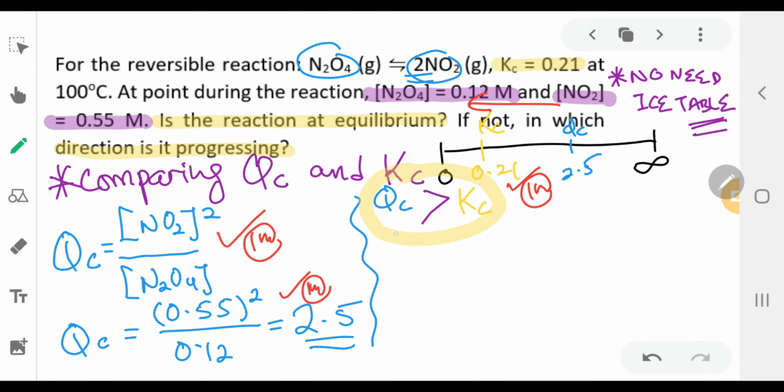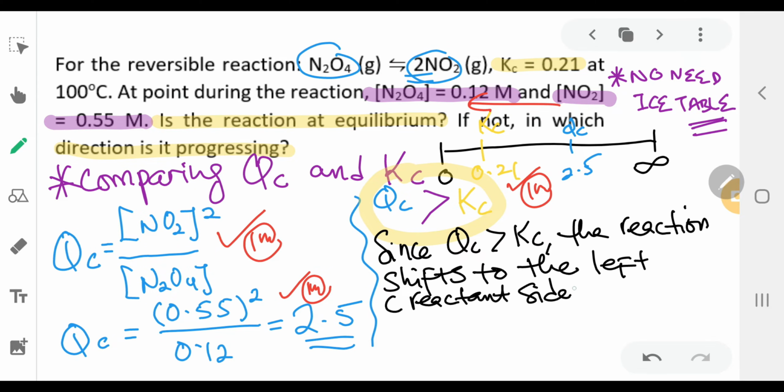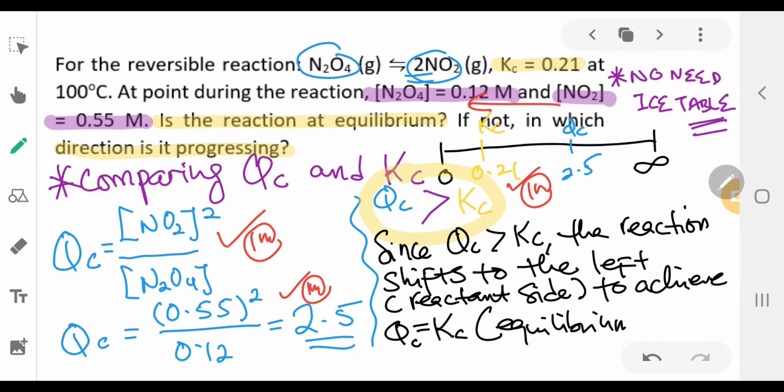The conclusion that we're going to write is: since QC is bigger than KC, the reaction shifts to the left (reactant side) to achieve QC equals KC (equilibrium).